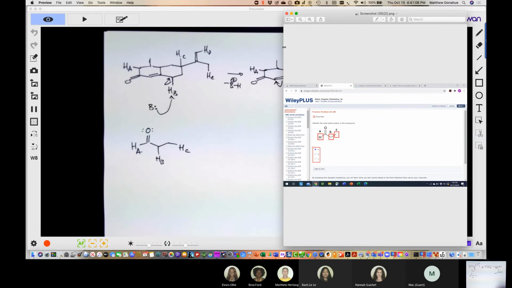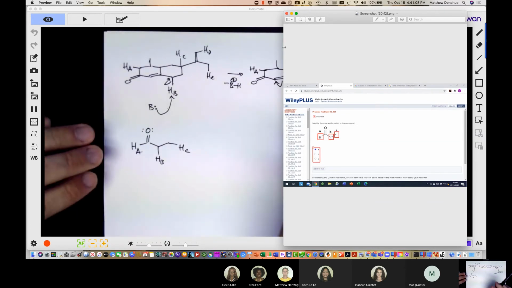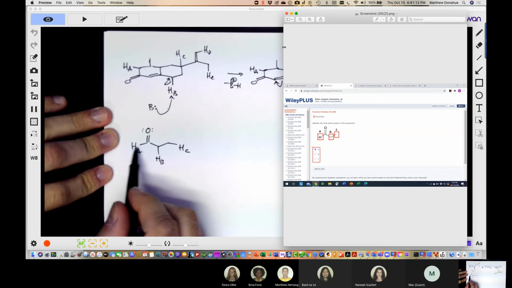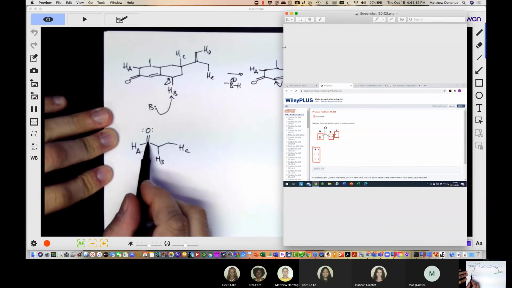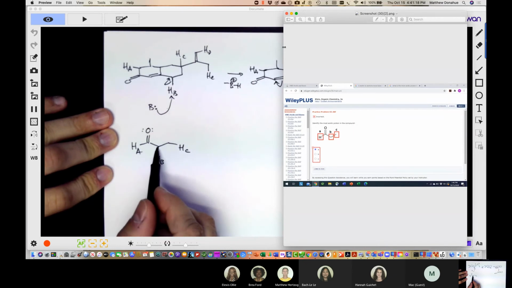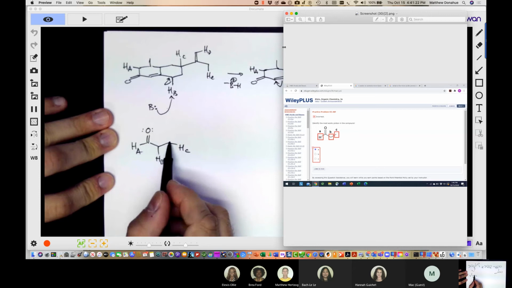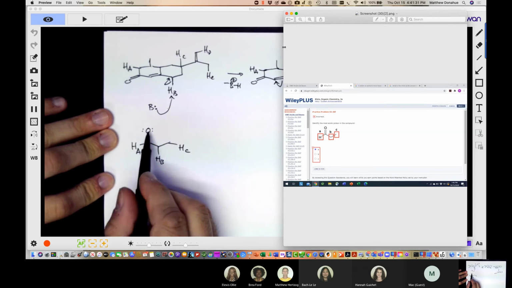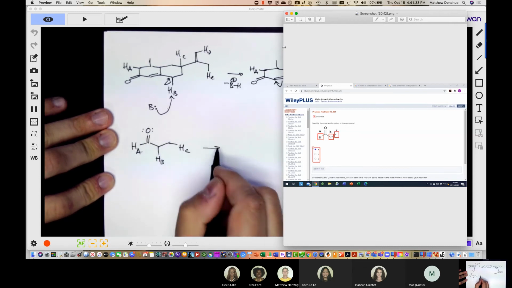So Hannah says B because it's allylic next to the double bonded oxygen. So yeah, that's correct. So HA, this carbon is sp2 hybridized. This is sp3 hybridized. This is sp3 as well. Again, the difference is the fact that when you deprotonate this, the negative charge can be delocalized onto the oxygen.